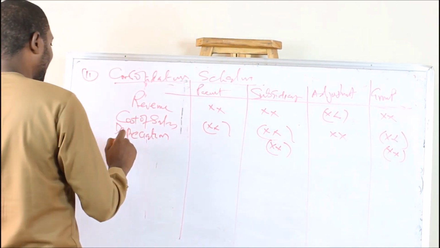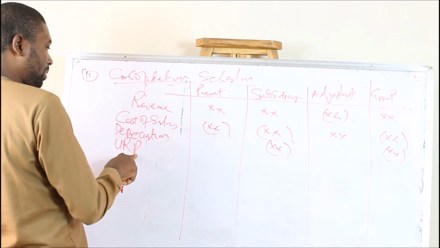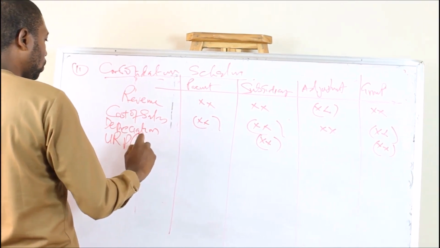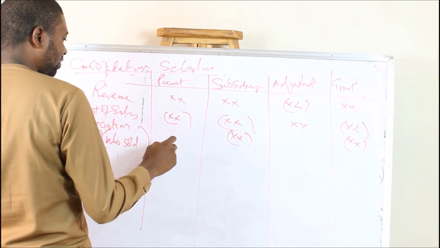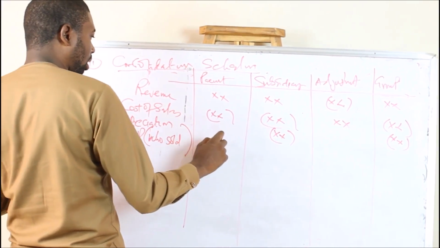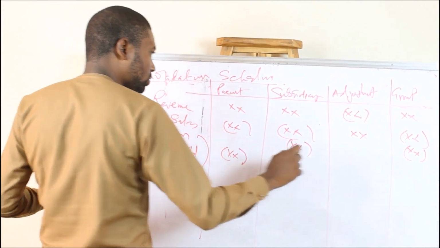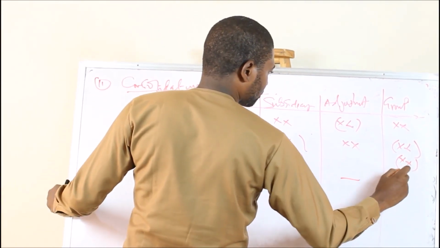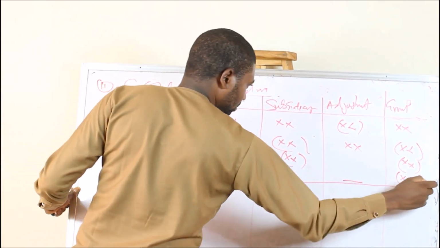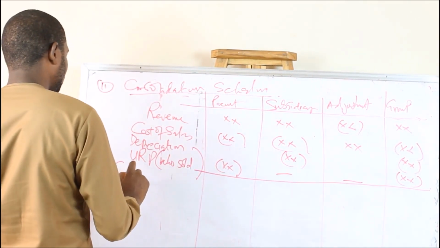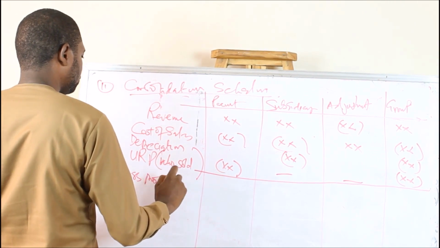We have unrealized profit, URP. Who sold? Maybe the parent sold to the subsidiary. If the parent sold to the subsidiary, you come to the parent column and record it. That's going to give you gross profit.